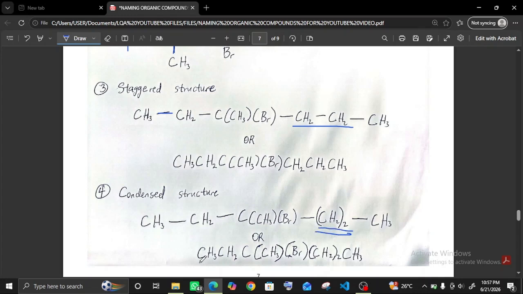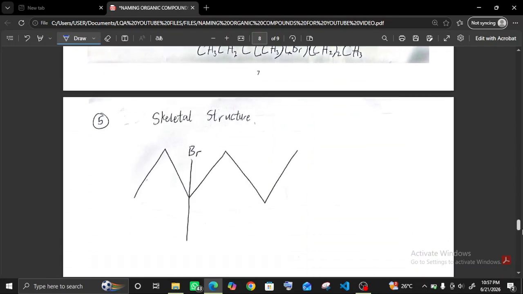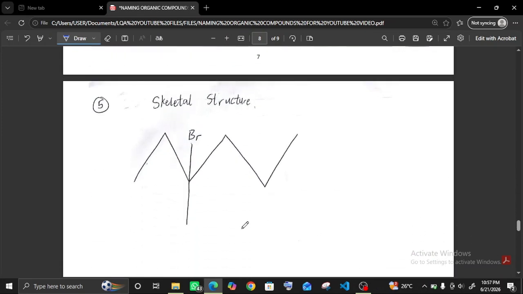It's very, very condensed. After that, we have the skeletal structure, which I explained before. There's a carbon atom here, a carbon atom here, a carbon atom here. If nothing is given in this place, that means there is a carbon atom. There is bromine there, a carbon atom, and a carbon atom.